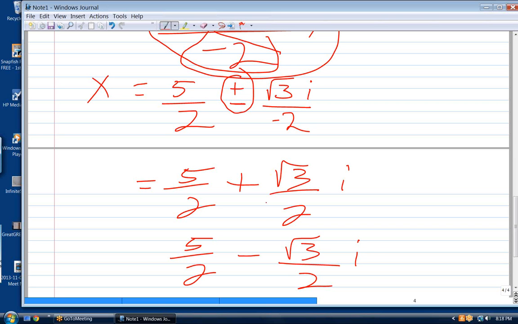I'm going to get both of them. You see that? In other words, if I use the negative 2, this plus becomes a minus, but this minus becomes a plus. So I still get the same two answers. They're just in a different order. Okay?